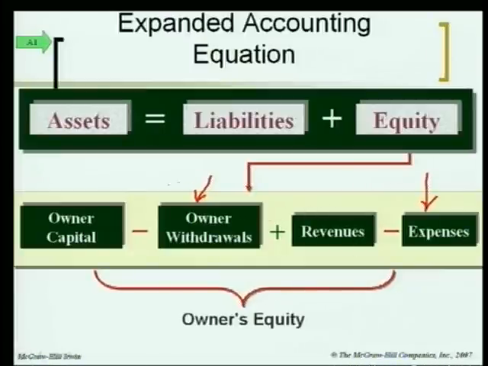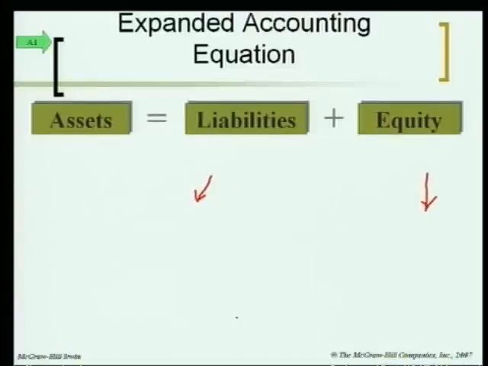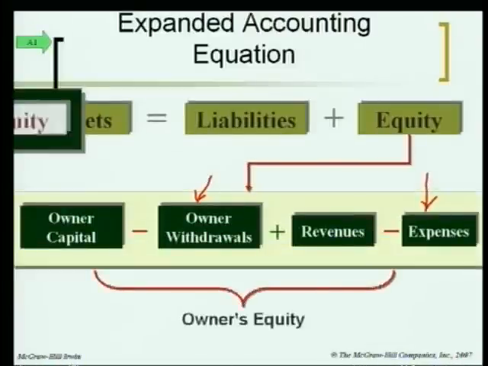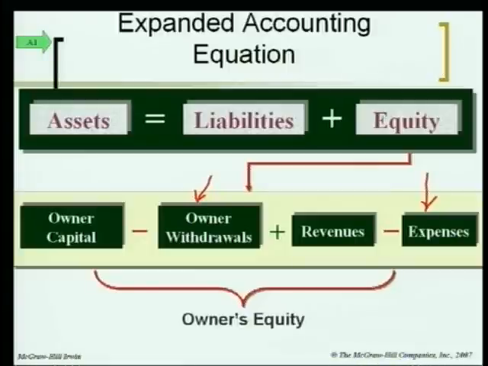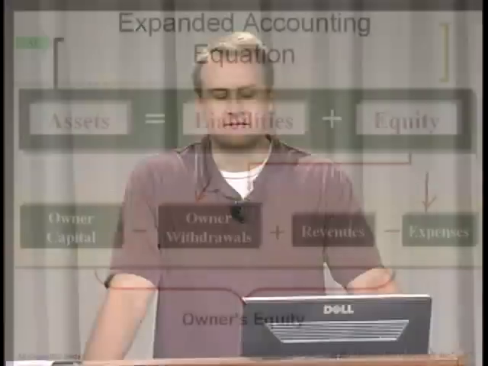So as owner's capital and revenue increase, equity increases. But do you understand how this is your expanded accounting equation? Now we don't use that as much as we use the basic one, but I do want you to realize that with withdrawals and with expenses, since those are the two items that cause equity to decrease, when those items increase, equity actually decreases. Does that make sense? Okay.